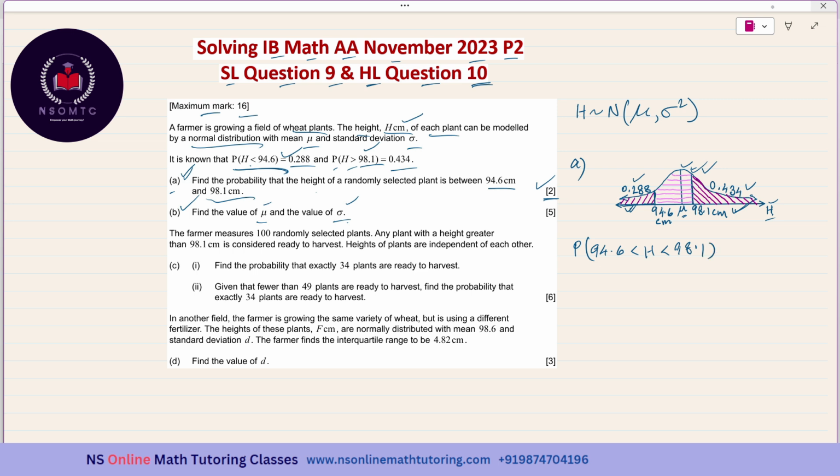So this will be equal to the total probability 1, minus the probability of this region, minus 0.288, and minus the probability of this region, minus 0.434.